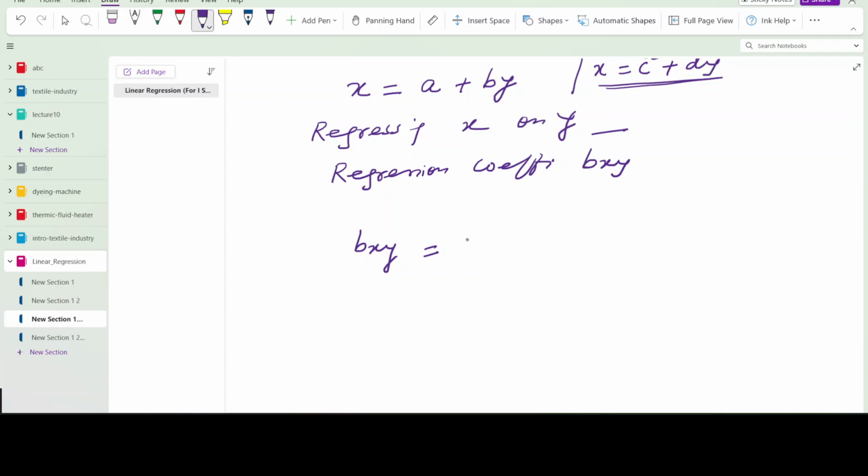Bxy numerator will be similar, (x minus x bar)(y minus y bar), but in the denominator we will have (y minus y bar) square instead of (x minus x bar) square. So this is the value of regression coefficient of x on y.